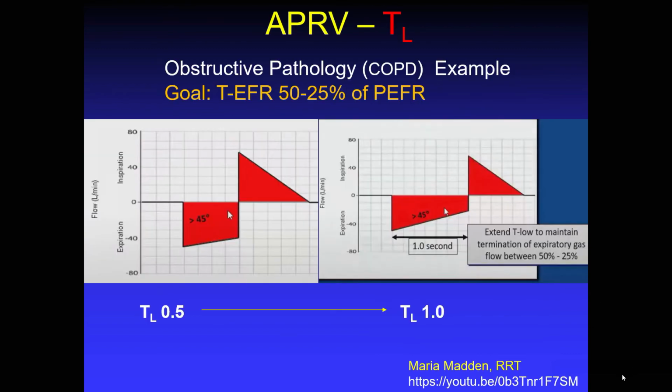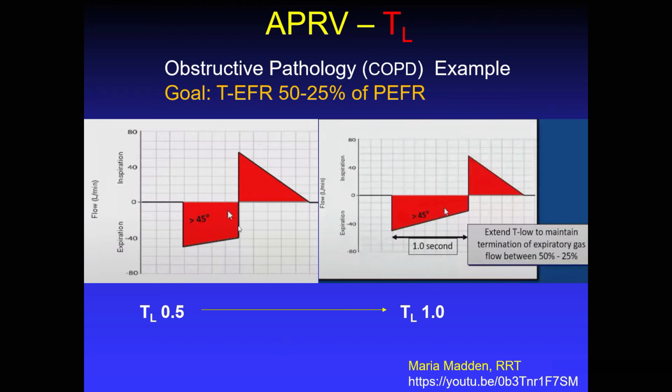Now, not all patients on ventilators in our ICUs obviously have restrictive lung pathology. Patients with obstructive lung pathology, such as COPD, have different needs and will typically be optimized with an EFT, or a termination to peak ratio, more in the range around 0.5, or in bad instances of COPD, maybe even 0.25.